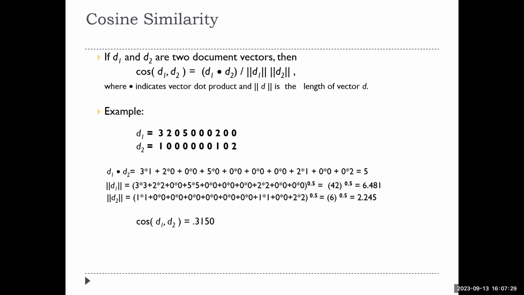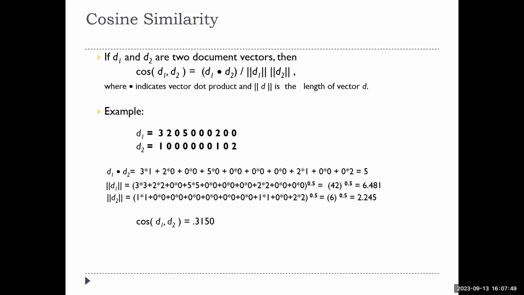So what is it? Cosine distance is also for non-binary vectors. Cosine of d1 and d2: you take the dot product, divide by the length of the vectors.